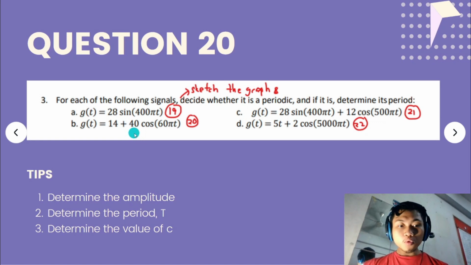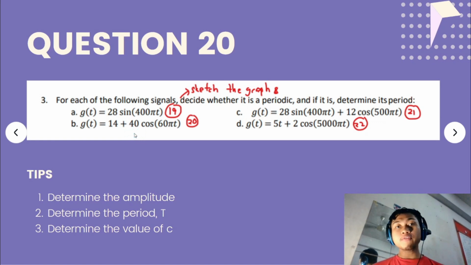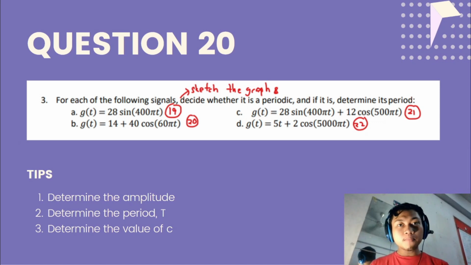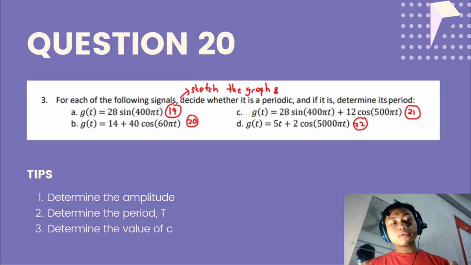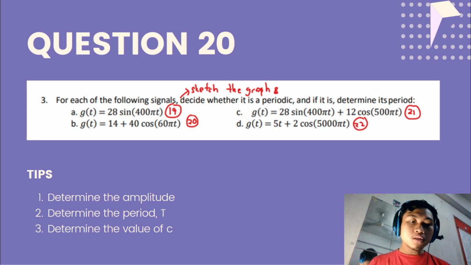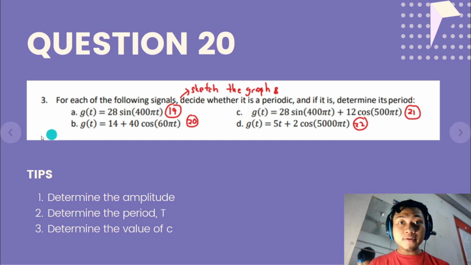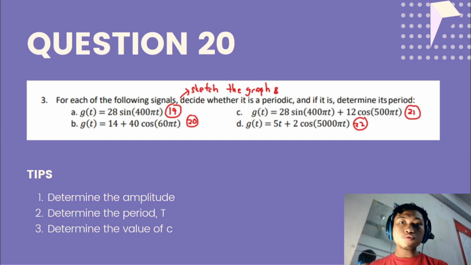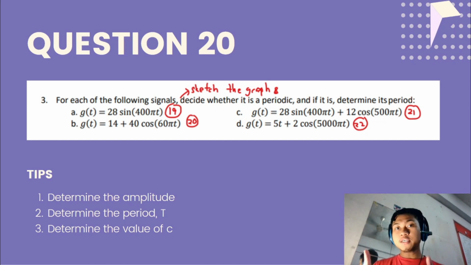So when we graph the cosine function, we can draw the value of 40 on the top and the bottom. But we also need to determine the period. This is the second point. Why? Because we want to determine how many periods the graph will go, what the interval is, and what the value of the interval is.